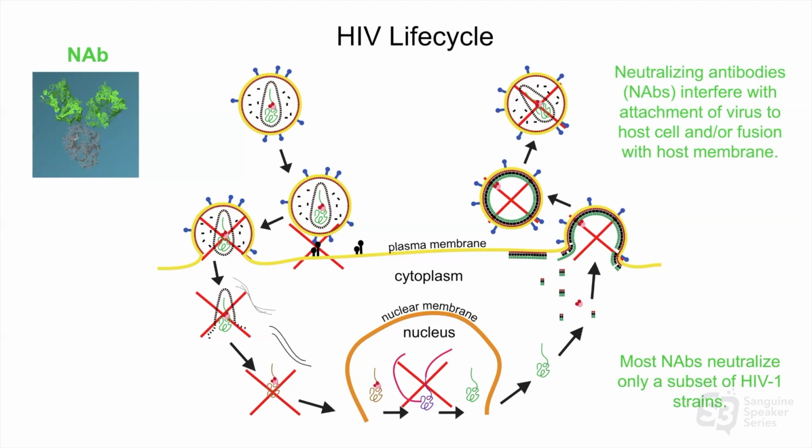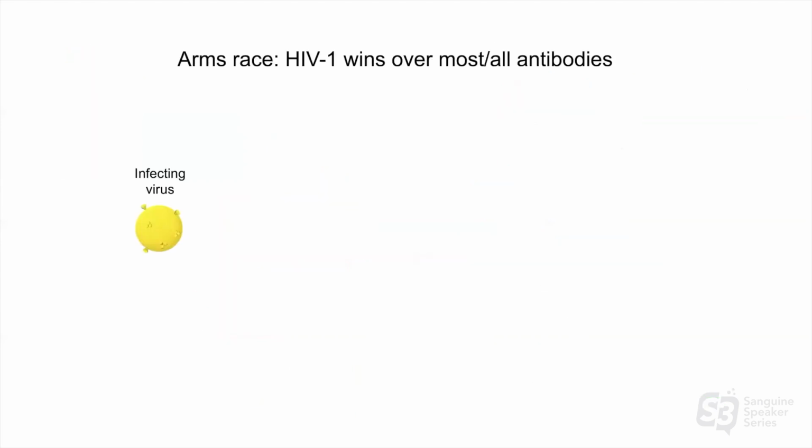And so in this animation here, this is the point of the original title, the molecular arms race. Because of this rapid mutation, the virus wins out over most of the antibodies that a person can produce. So let's say someone was infected with this virus here, and even though there are many strains inside a single infected host, it appears that just one gets across.